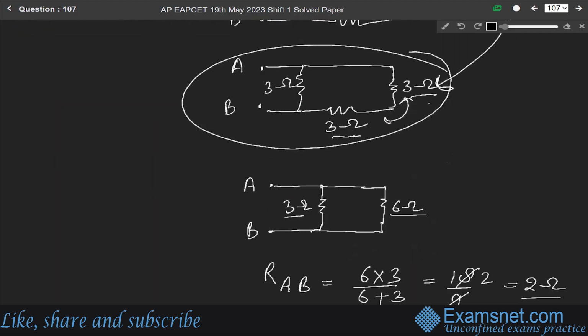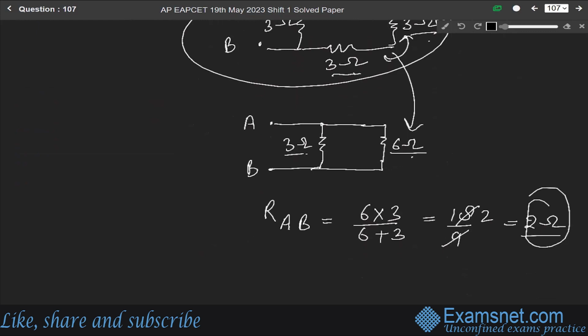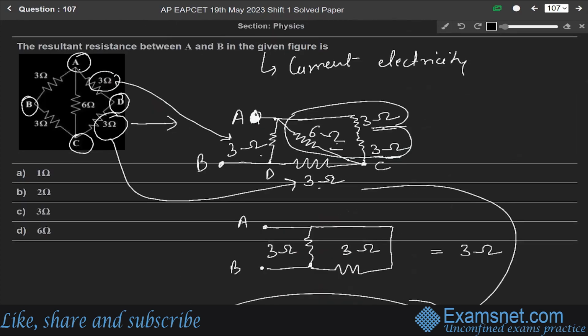These 3 ohm and 3 ohm are connected in series, so their equivalent is this 6 ohm, and this is again 3 ohm. These two are connected in parallel, so solving this parallel combination, we get the final answer, the resultant resistance between point A and B as 2 ohm. So among these four options, option B, that is 2 ohm, is the correct answer.